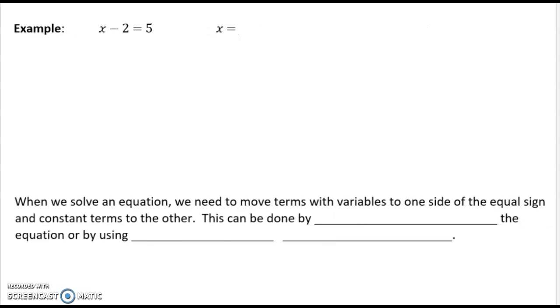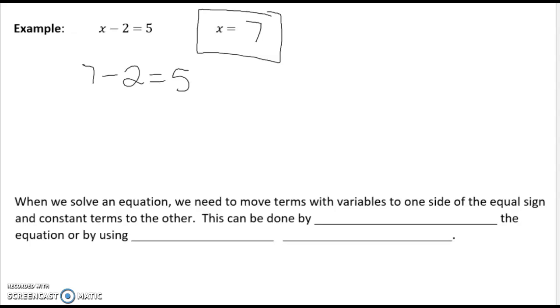Okay, so this first one here, x minus 2 equals 5. Well, if you think about it, 7 minus 2 equals 5, so x has to be 7. Okay? So sometimes there's easy examples when you can just look at it and figure it out. But sometimes it gets more complicated, and we're going to go over some of those more complicated ones today.